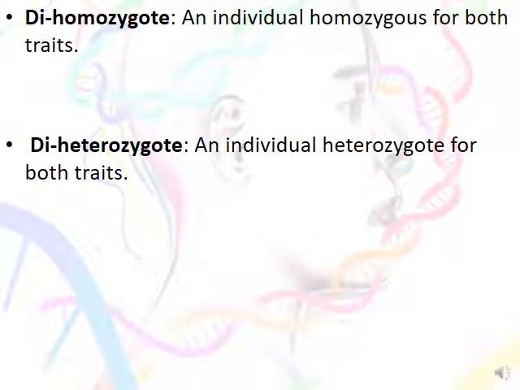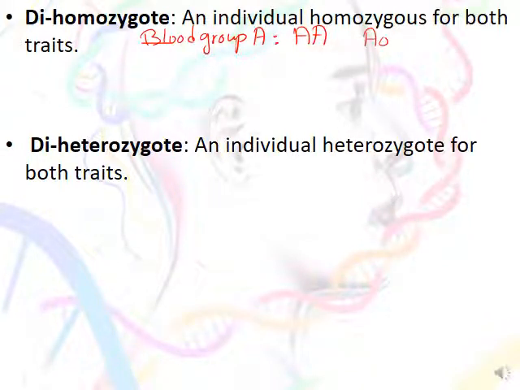Dihomozygous. What is the meaning of dihomozygous? A dihomozygous individual is homozygous for both traits. For example, I have blood group A. To be homozygous for blood group A, I should have the alleles A and A, not AO.